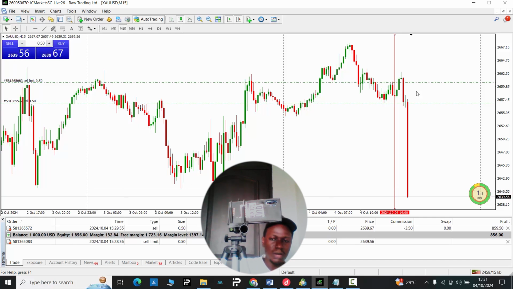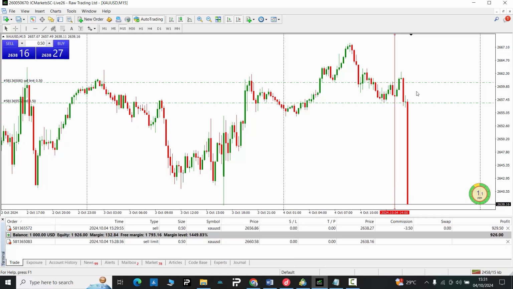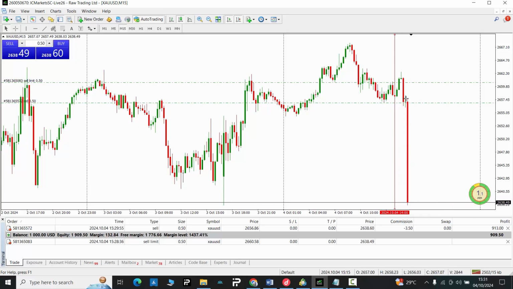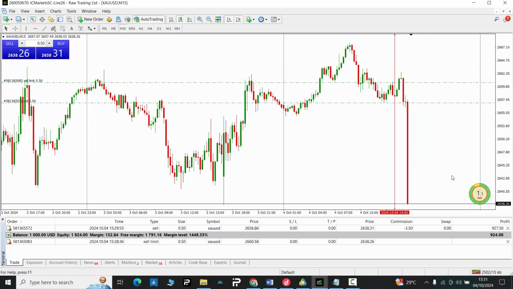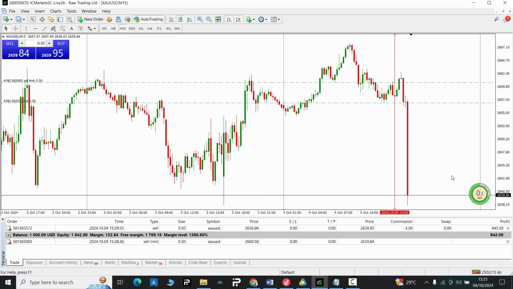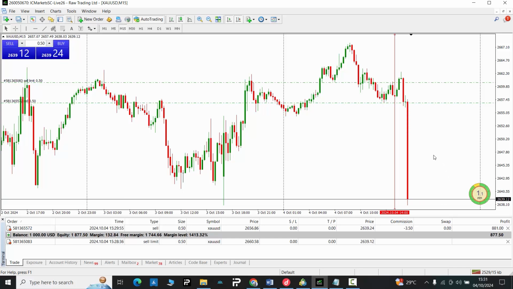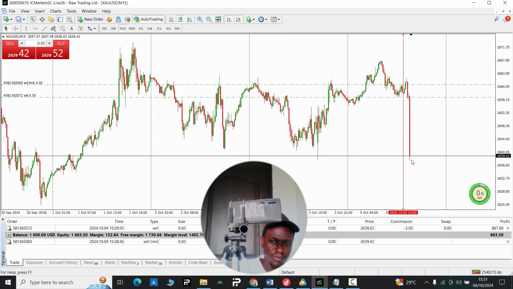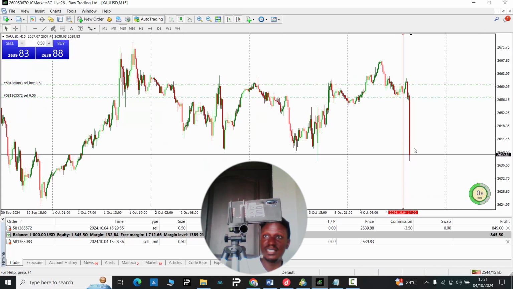Wow, so let's go ahead and book our profit. This is some good profit, almost doubling the account, guys, and I used only 0.5 lot size. Imagine if I had used a full lot. You can see it's still selling.